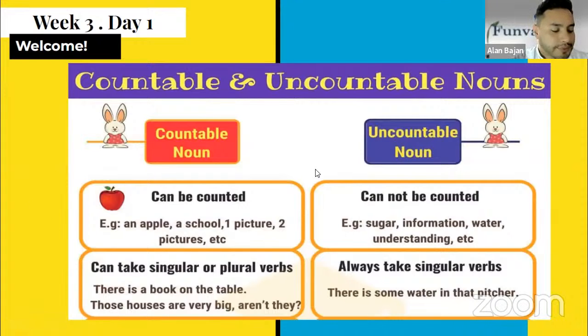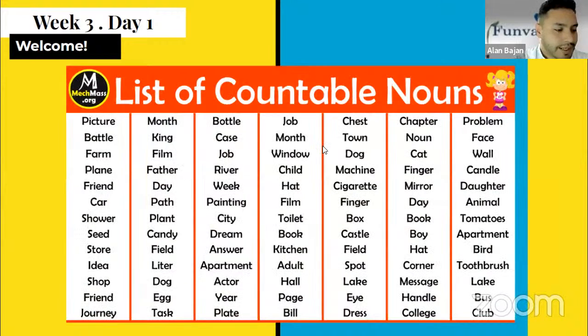So, for example, in English it is not always the same as in Spanish, something that we can count and we cannot count. Sometimes it's not what we think. For example, here we have a list of countable nouns: a picture, a film, a job, a machine, a finger, a bird.